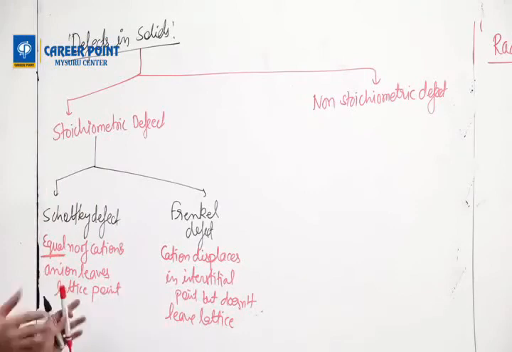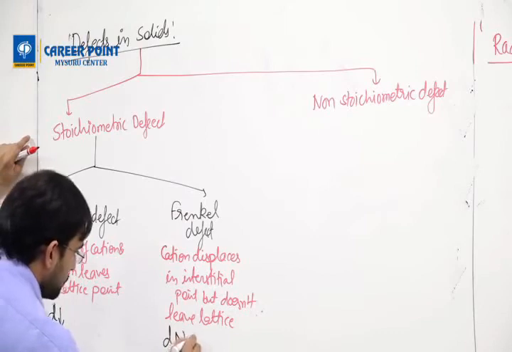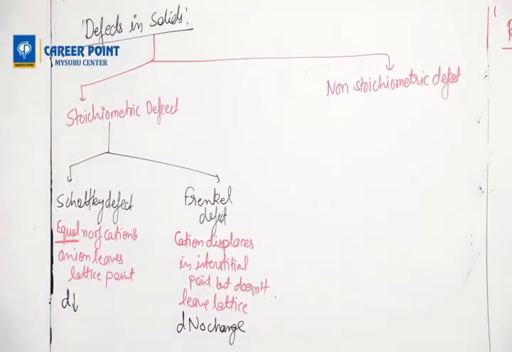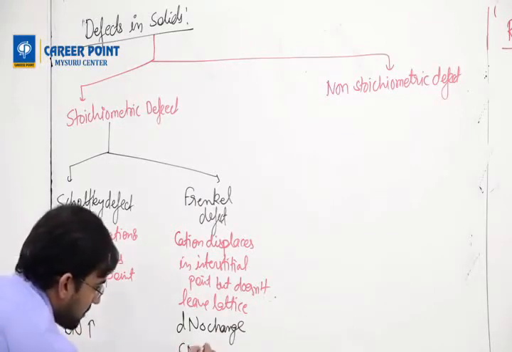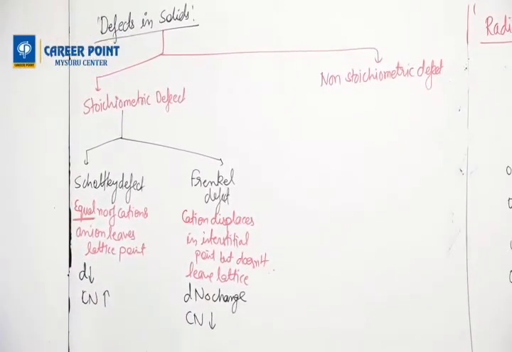Whereas in this case, equal number of cation and anion leaves. So if this happens, then density decreases. Here density, no change. This happens when coordination number is high. This happens when coordination number is low. Understand?